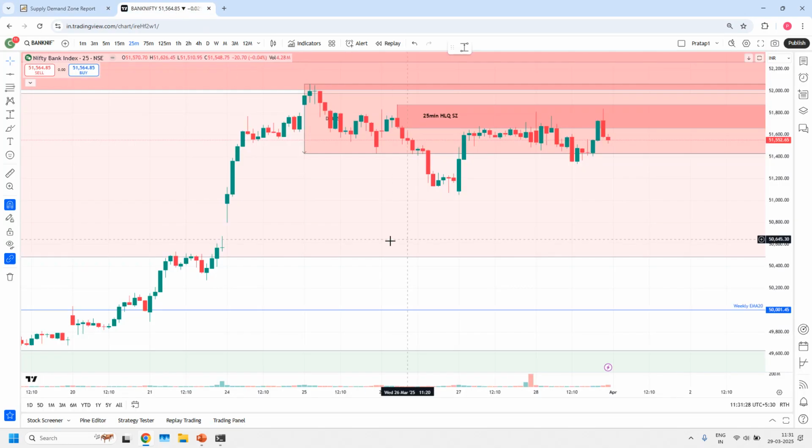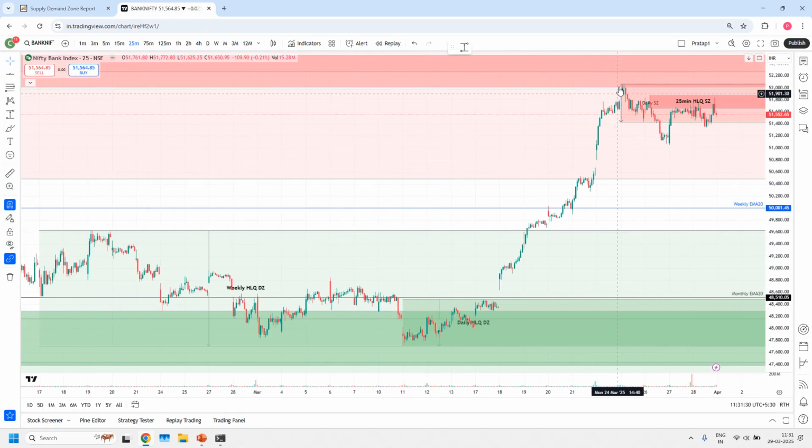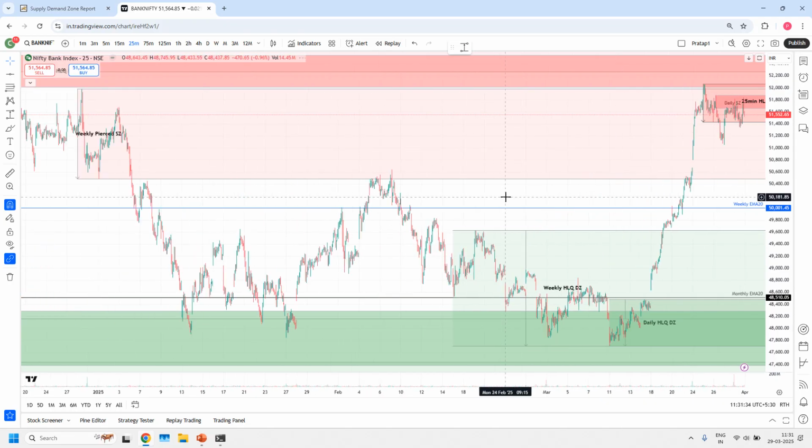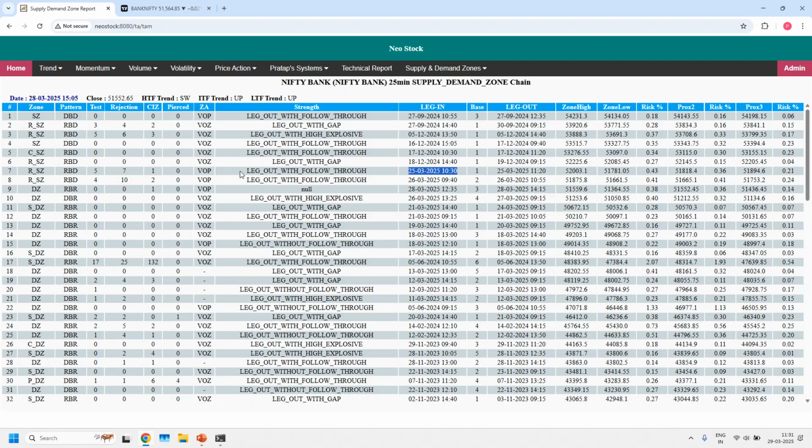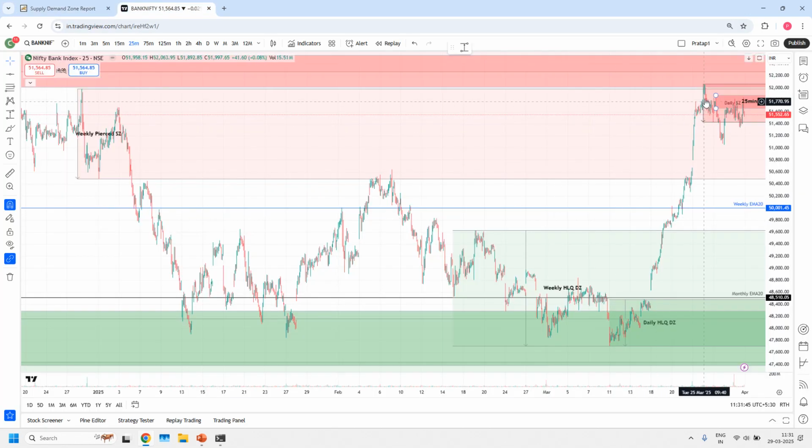3/10:30, one base candle. This is 26/3, 25 3/10:30.